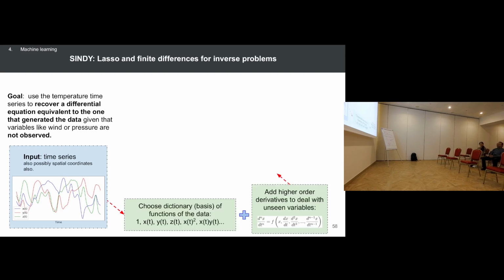The idea is to build from this data, imagine this is x, y, z, like the time series, a dictionary of functions created out of this data. Maybe you can square the value of x, multiply them in between, and also calculate derivatives using finite differences. So you build this big dictionary, which you will see as a very big matrix.